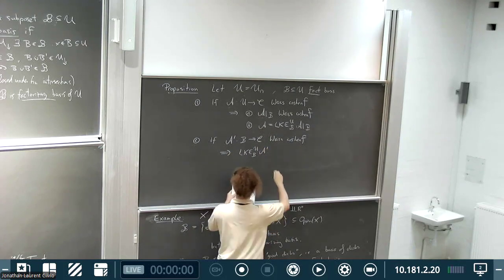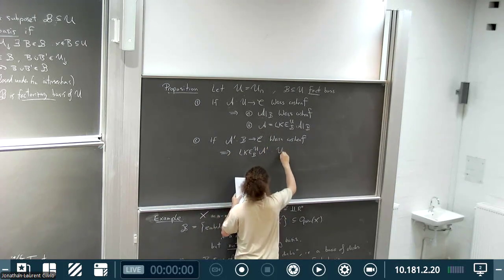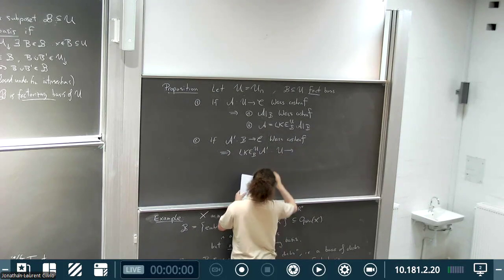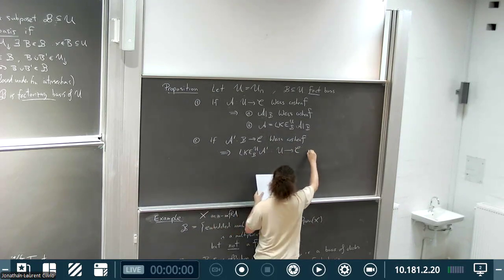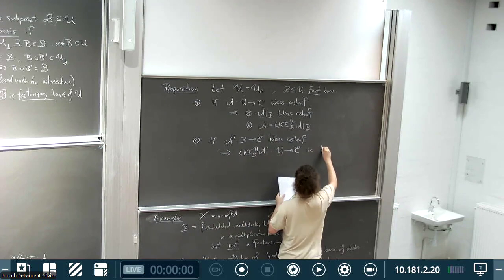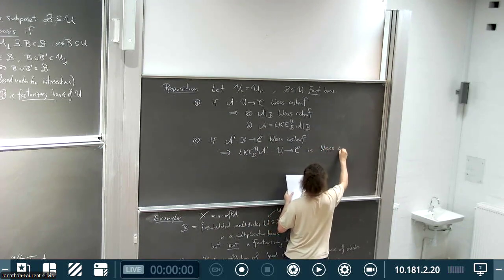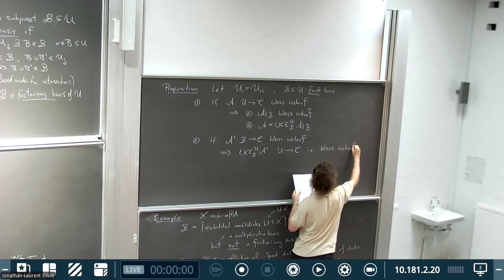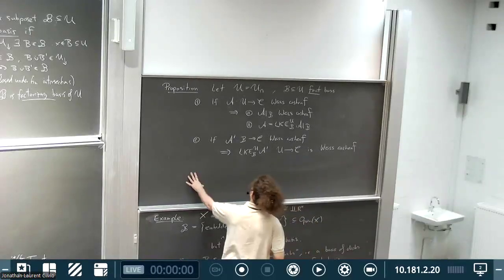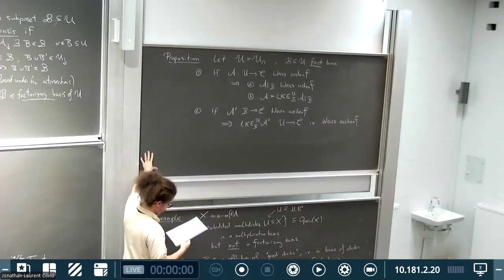And the answer is that this is now a pre-co-sheaf on U, and this is now again a Weiss co-sheaf.